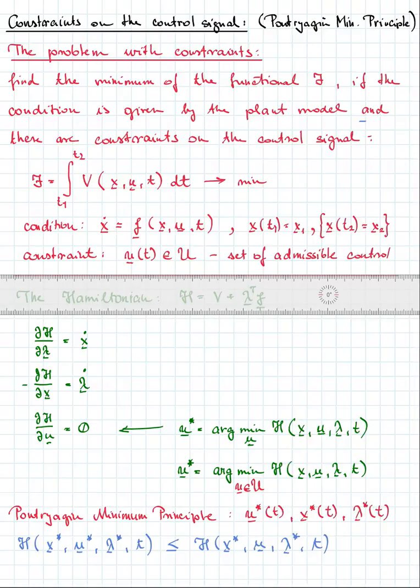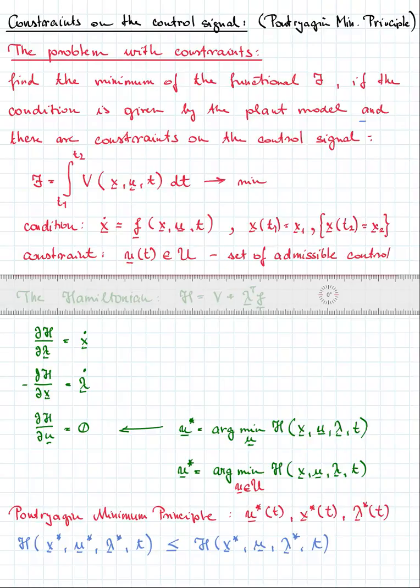We have to select our control from a set. So it's quite difficult to solve because the Euler-Lagrange equation and the variational principle result in an unconstrained system. But now we have to solve the problem of constraint somehow.